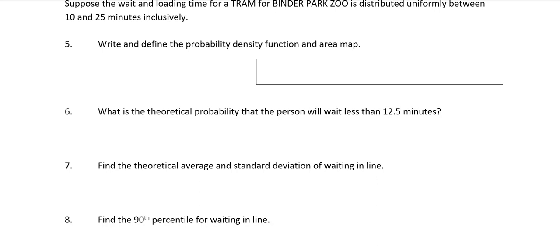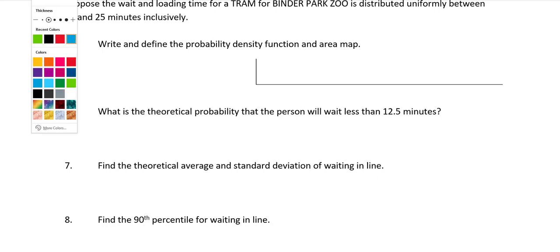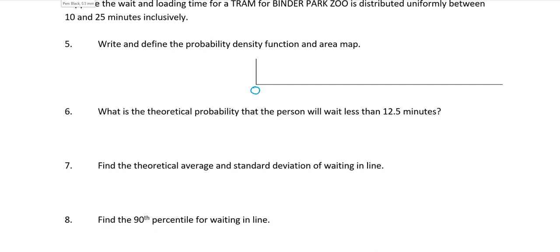So let's take a look at the area map and how this changes the probability density function. 0 is the least amount of time you can wait for the tram, but then you've got 10 minutes for you to load onto it. And between that 10 and the 25-minute mark are the possibilities of you waiting to get on your way. So this time, the 10 and 25 includes waiting for the tram and loading.